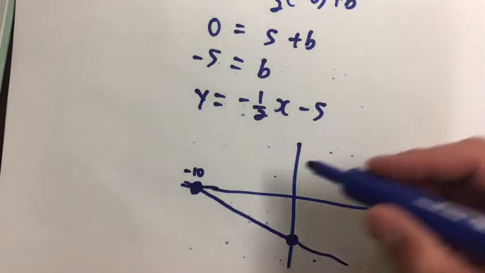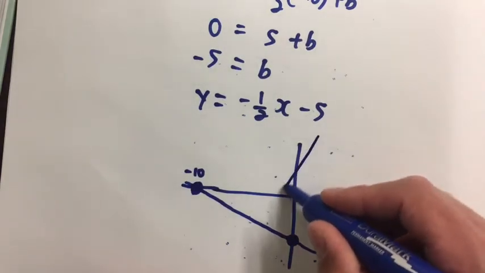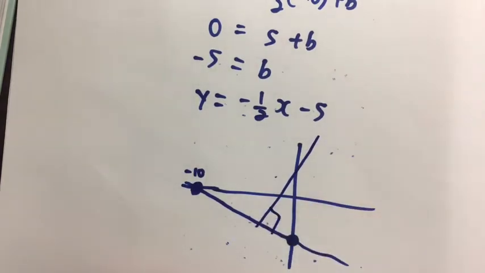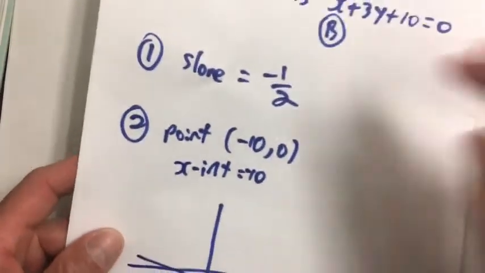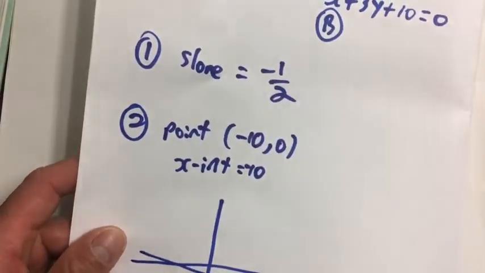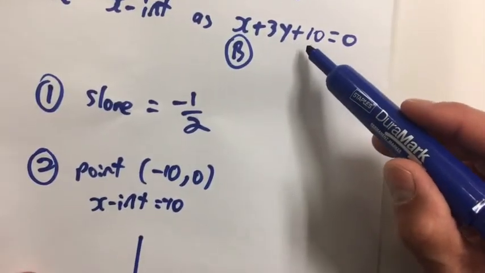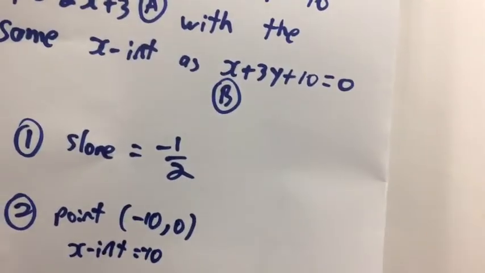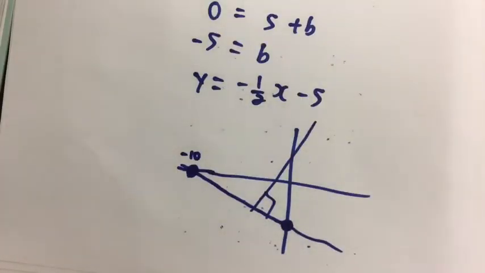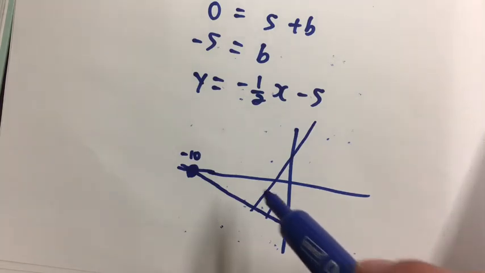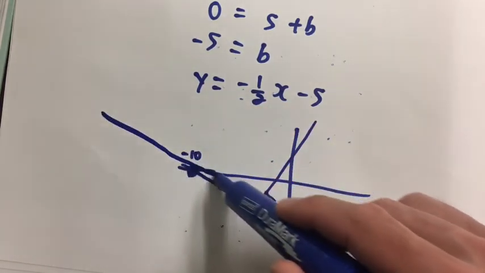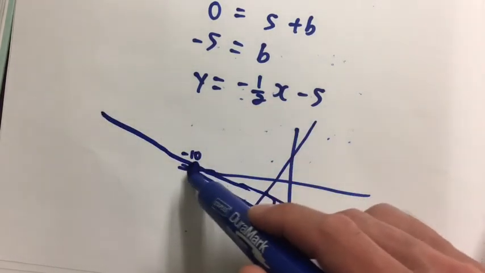I'm going to go ahead and draw in y equals 2x plus 3. It looks like this. See how it's perpendicular to it? And it has the same x-intercept as x plus 3y plus 10 equals 0. Because if you were to graph that one, you would end up with, it looks to me like, a slope of -1/3. So that would be this line over here. And notice they have the same x-intercept.